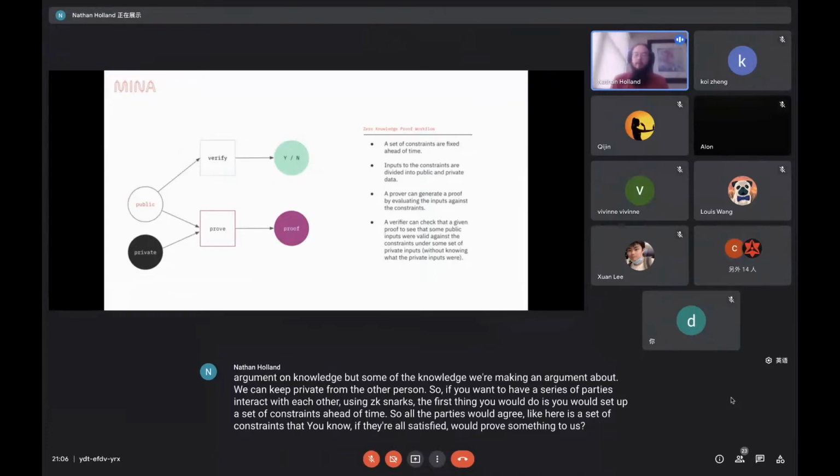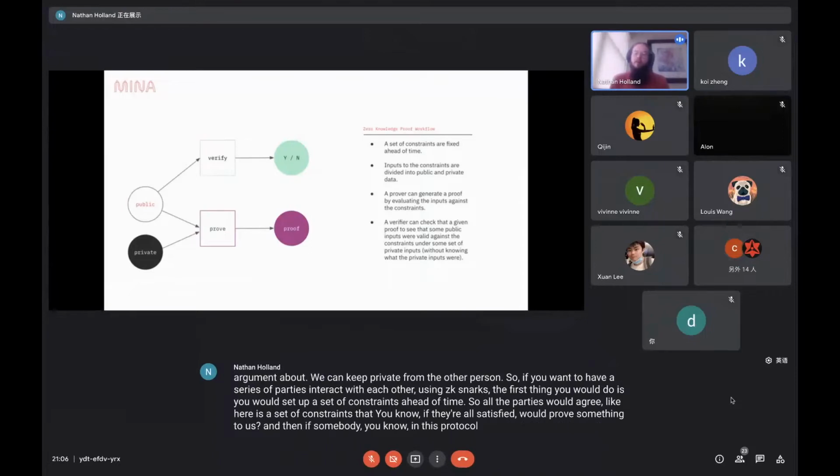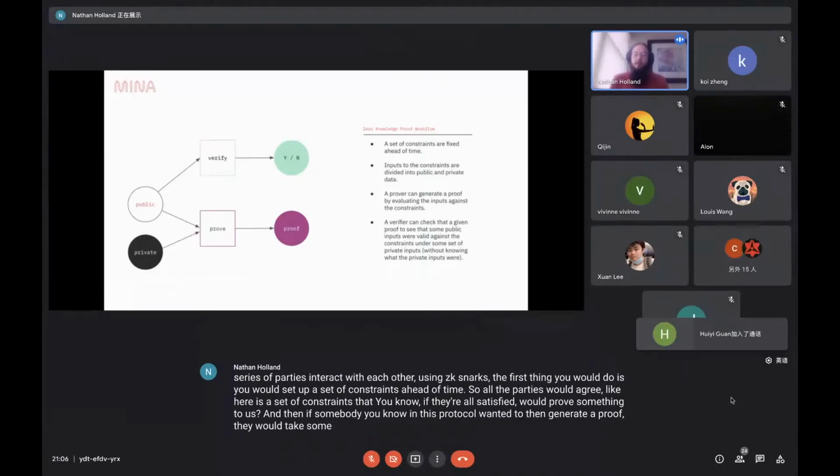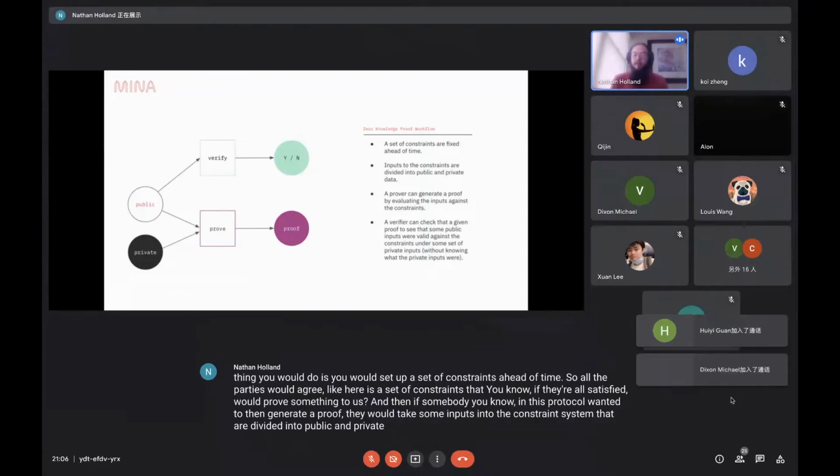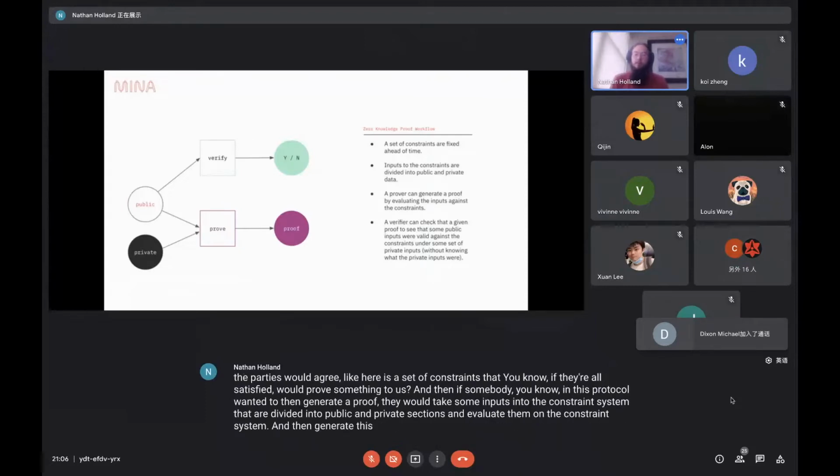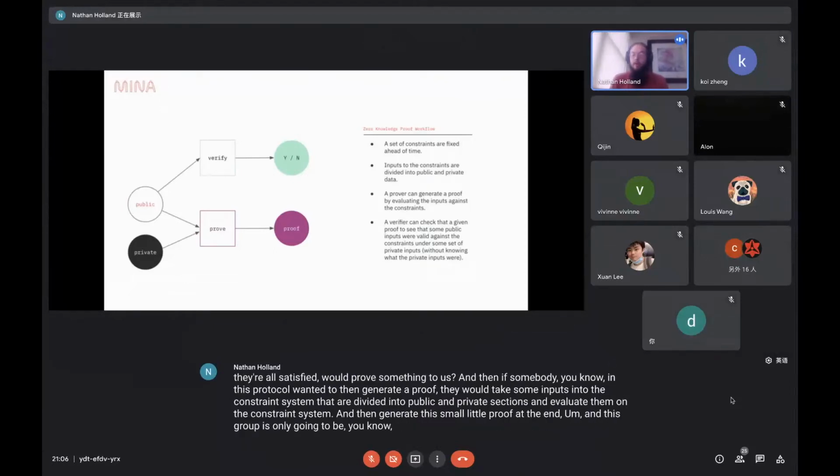And then if somebody in this protocol wanted to then generate a proof, they would take some inputs into the constraint system that are divided into public and private sections and evaluate them on the constraint system, and then generate this small little proof at the end. And this proof is only going to be on the order of hundreds of bytes in size. So it's a pretty small little proof.